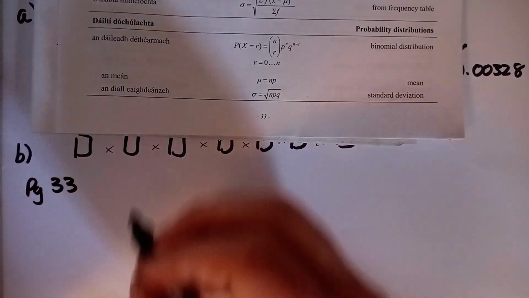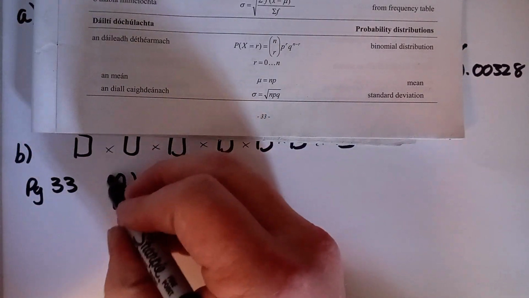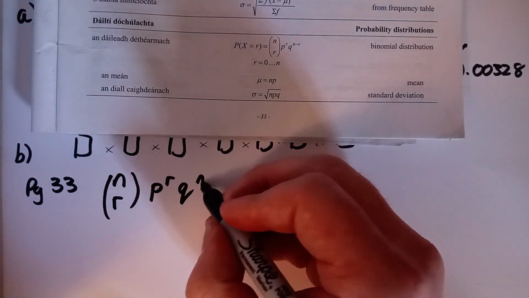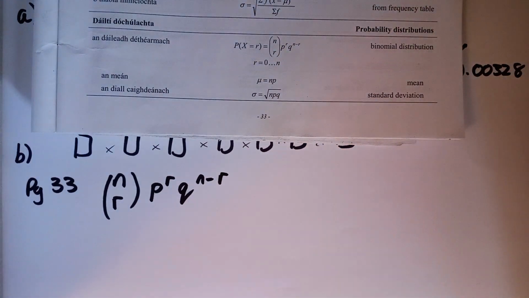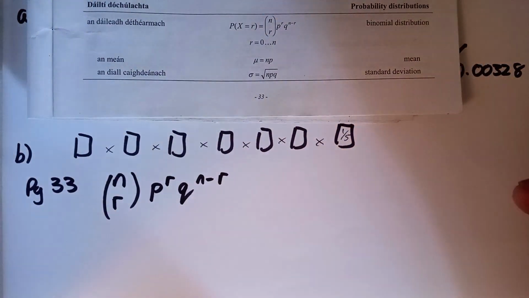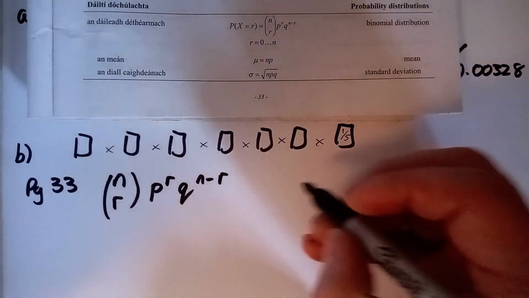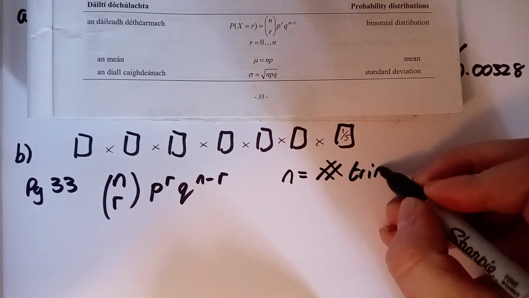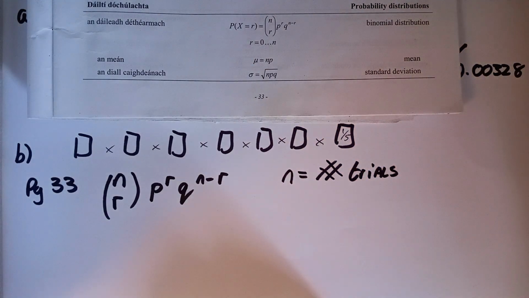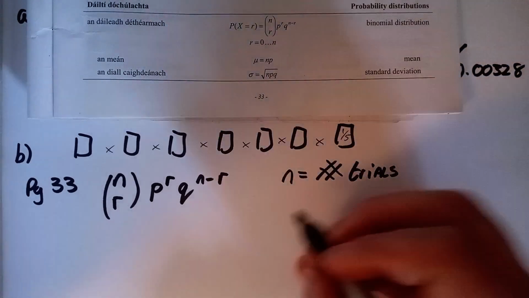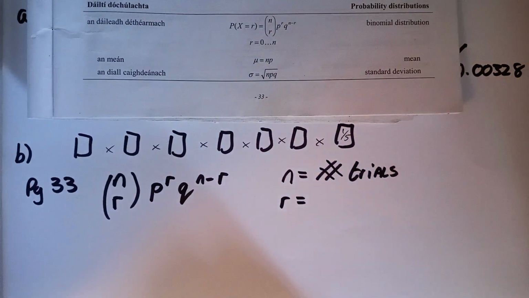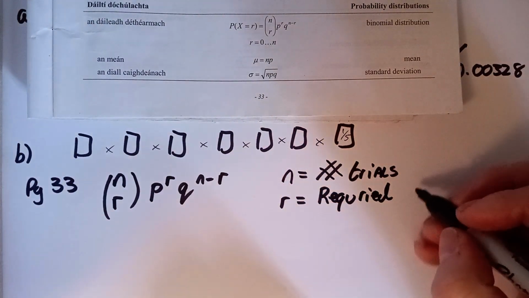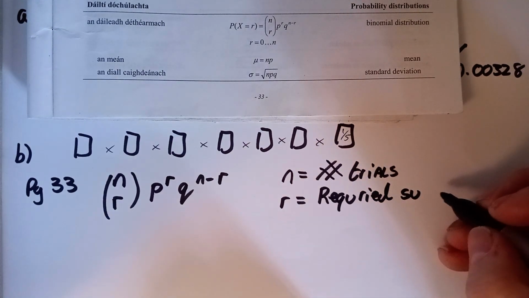On page 33, we have n choose r by p to the power of r by q to the power of n minus r. To explain what each part of the formula means: n is the number of trials or tests, so let's use the generic terms for the moment. r is the number of successes, the required successes, or wins, or good things.